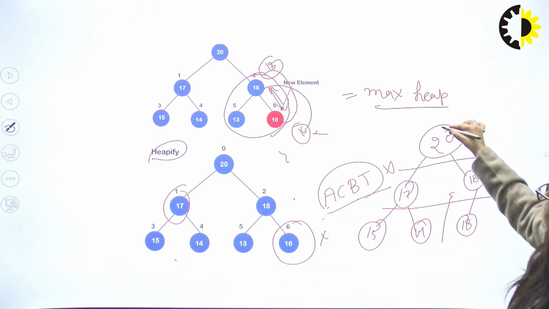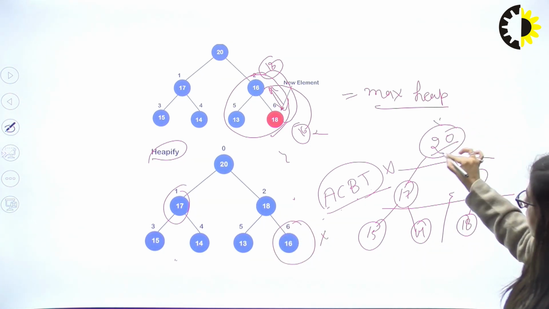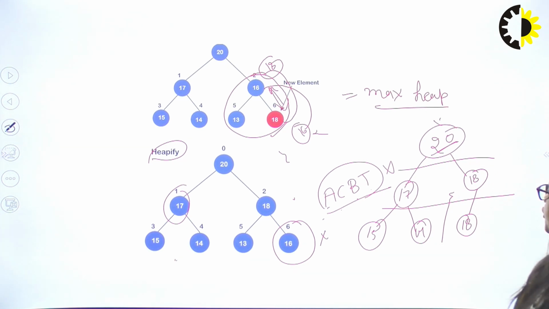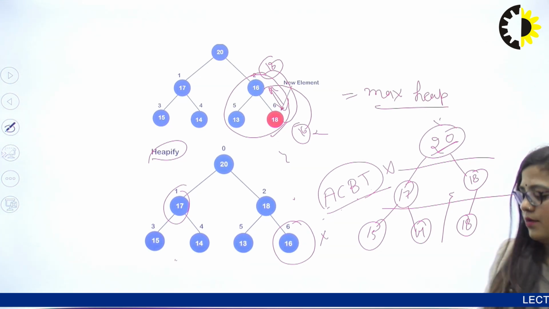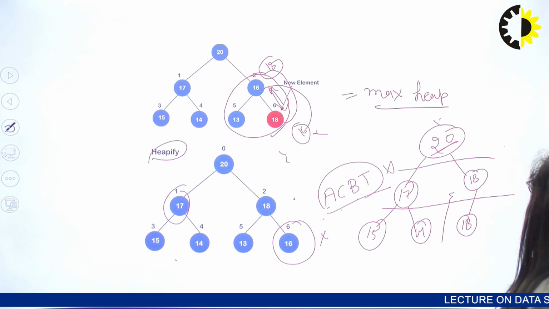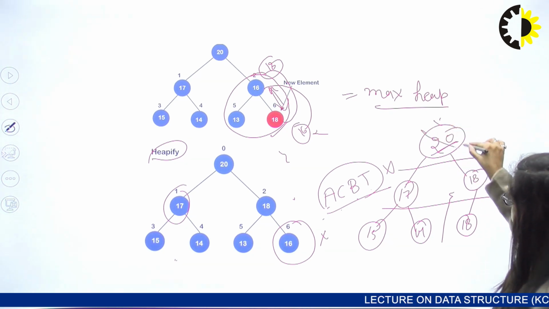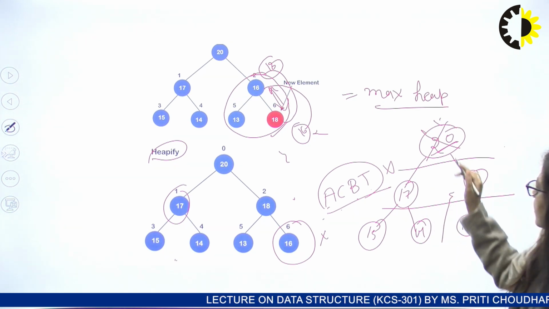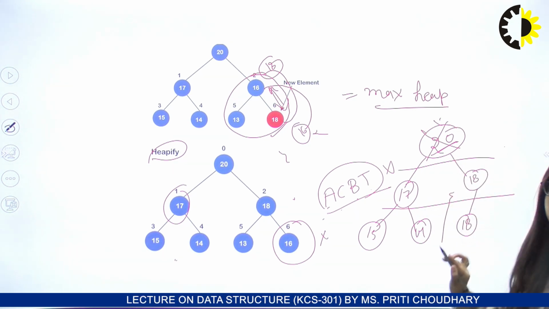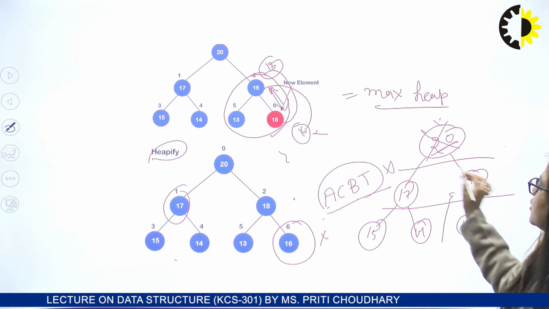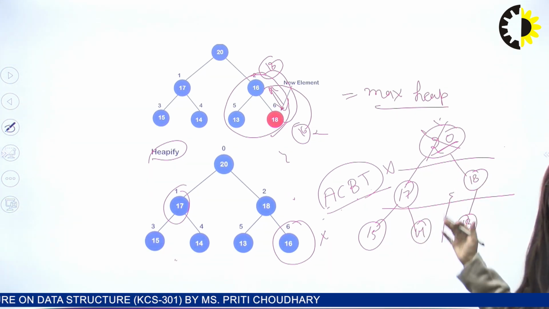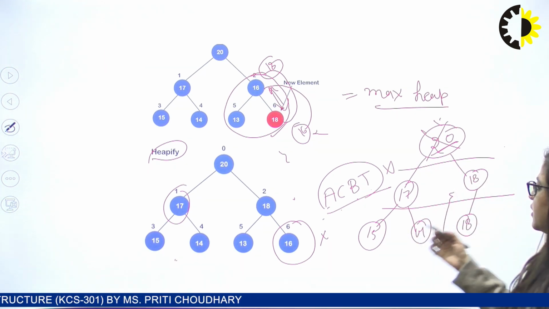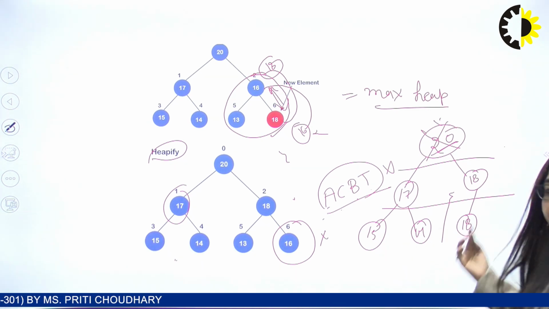Again, you want to delete 20. You want to delete 20, then you can, but there are some conditions. First, there is no parent node, and it is not a tree because there are two subtrees.